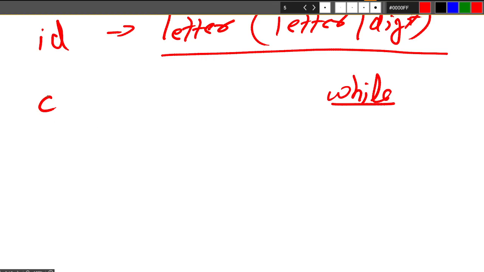It is actually a string, so let me keep it like C in double quotes. So this is a string. If it is a single character C, it is just one character, right? So either A or B or C, whatever that will be. Otherwise, in double quotes, it can be a string.